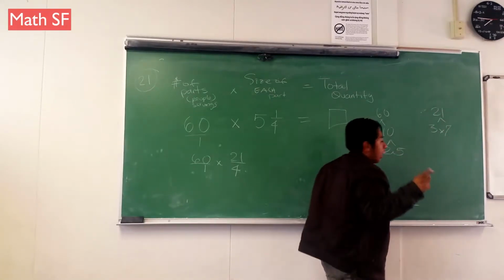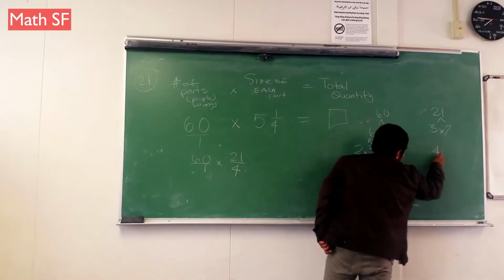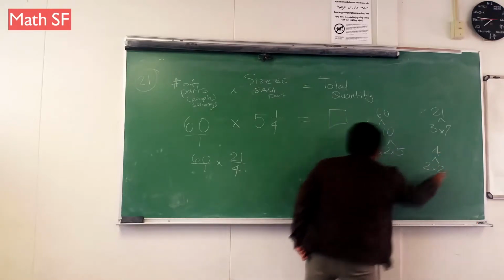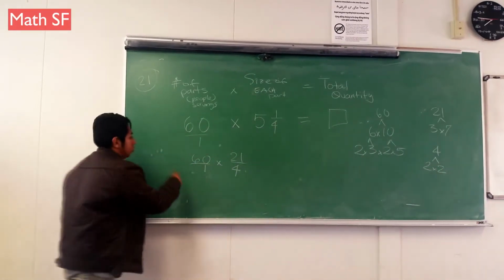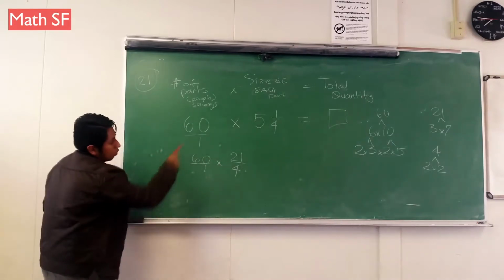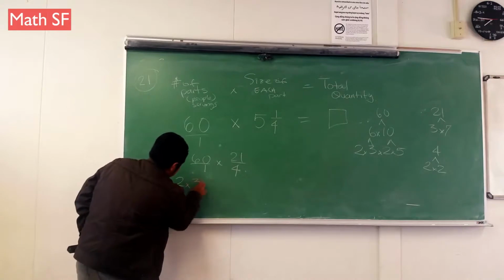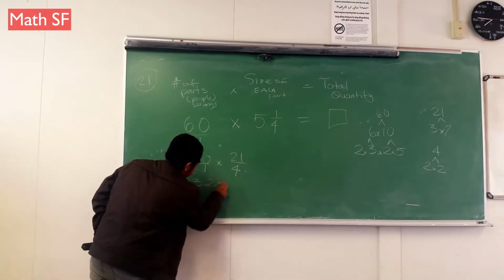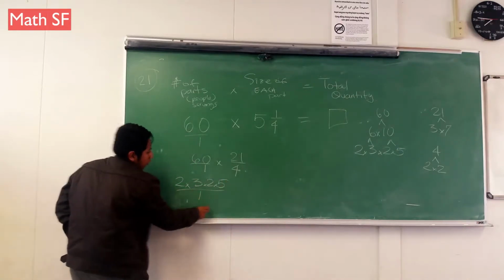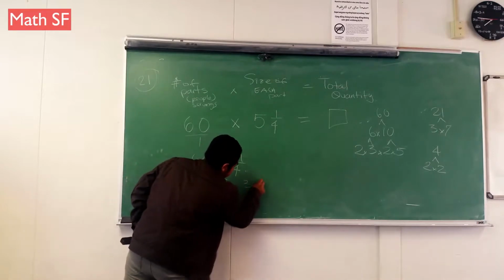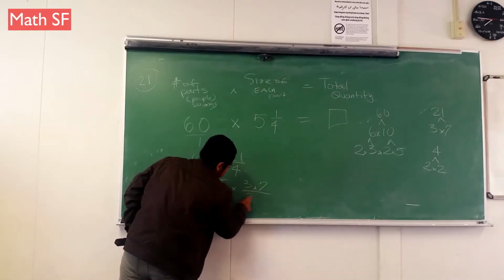And that 4 that we have there is going to be what? 2 times 2. Now we have each of them factored. Now let's write 60 is 2 times 3 times 2 times 5 over 1, times 3 times 7 over that 4, which is a 2 times 2.